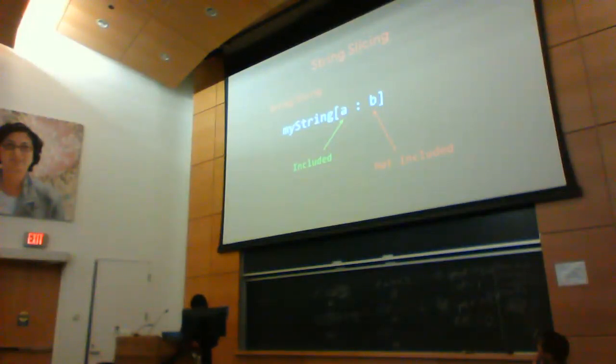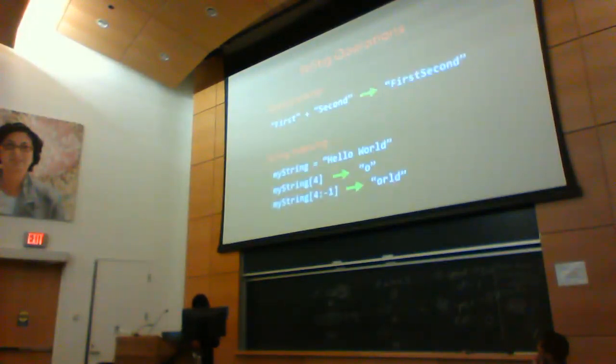Previous slide again. This guy. Yeah, 4 to -1, it should get O space W O R L. Sorry, I was really sleepy when I made this. Yeah, you're right. It should be the first O, not the second one. Good catch. Really good catches. It was a test, you passed.